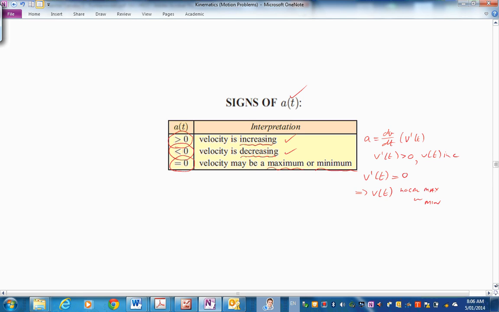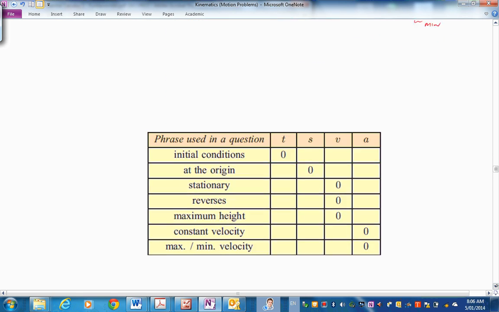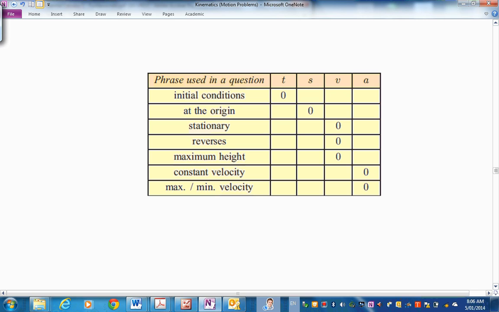Alright, let's go down and summarise a bit more some of the phrases used in describing motion to do with time, displacement, velocity and acceleration. Initial conditions means time is 0, just done that. At the origin means displacement is 0, the origin of measurement.